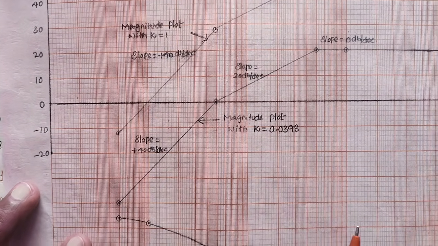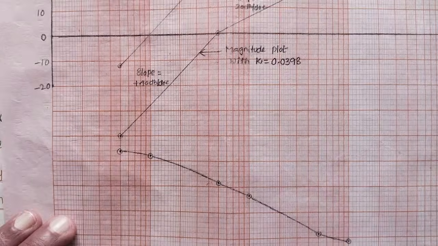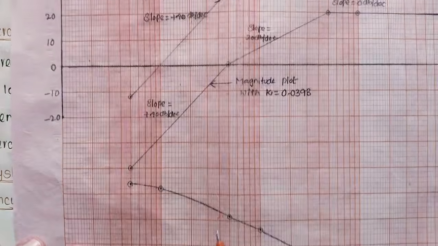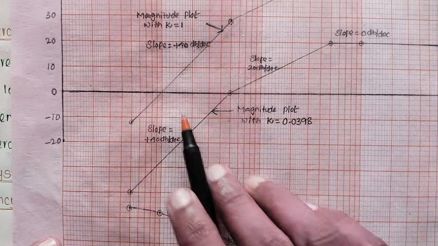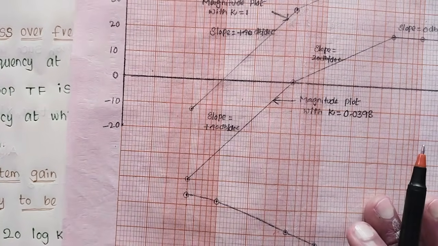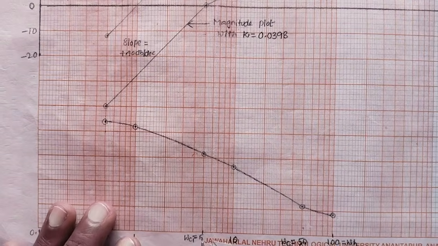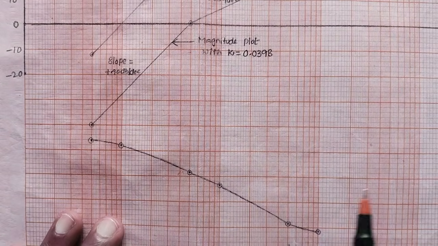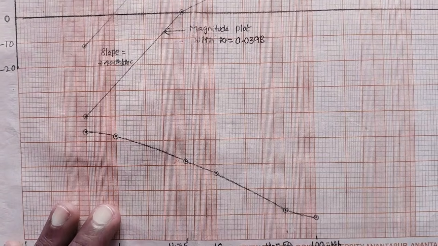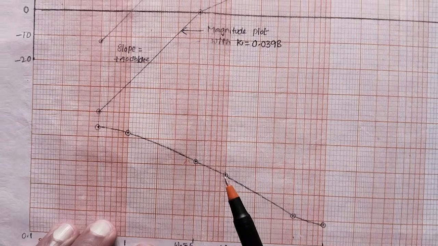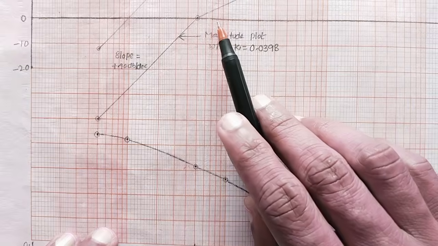So if we take K as 1, the gain crossover frequency is 1 radians per second, because at 1 radians per second the dB magnitude is 0. But he wants the gain crossover frequency to be 5 radians per second. So at omega C, at 5 radians per second, the magnitude should be 0. That is what he wants.